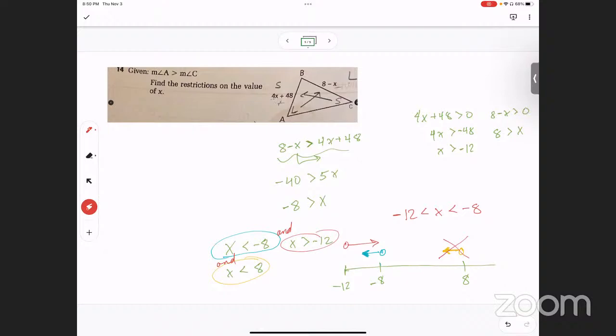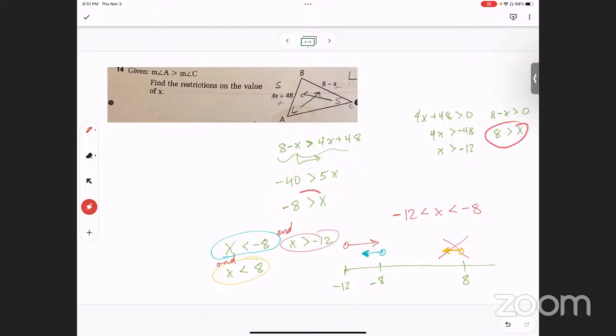Again, I don't know if there's a better way for me to explain it to you. But the way I think of it, just my math mind, I immediately go to, well, I know that this has to be true because of what I said about the angles and sides across from them. And then I thought, well, the other restriction would be that they have to be positive. Each of these has to be positive. Okay. Right? And when you look at it like that, realize that both of these things have to be true.